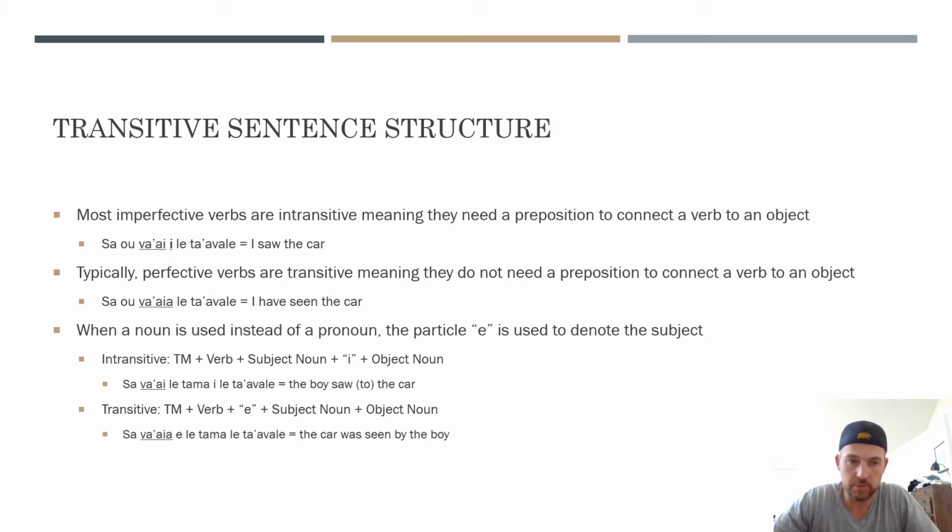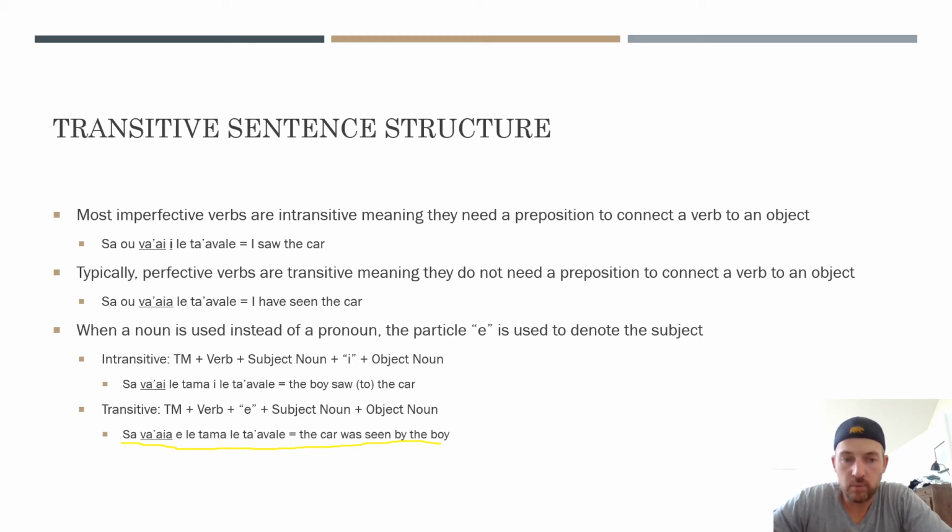I'll give you an example. When we perfect the verb va'ai and call it va'aya, this is how the sentence changes: sa va'aya eletama leta'avale.